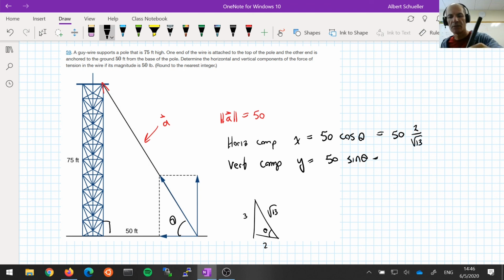And the sine is going to be, the y is going to be 50 times the sine of theta, 50 times 2/3. And so the horizontal and vertical components of the force are 50 times 2 over root 13 horizontal, and 50 times 2/3 for vertical. All right.